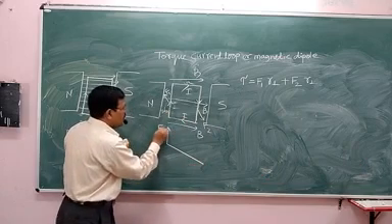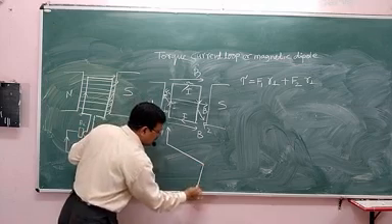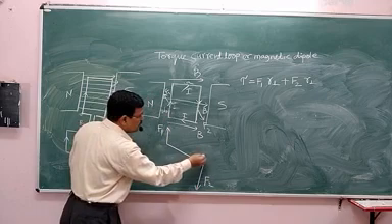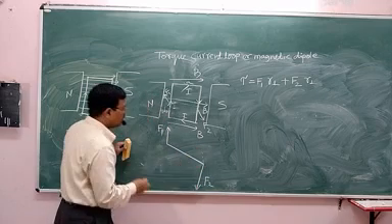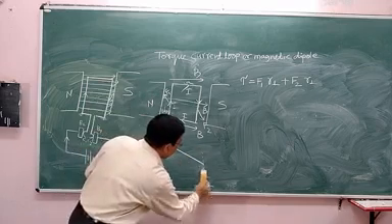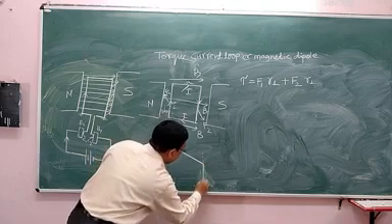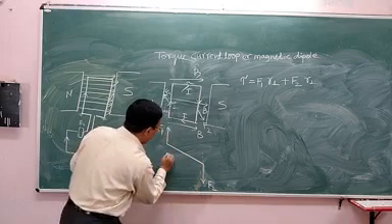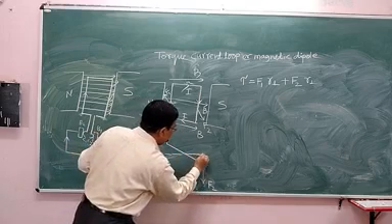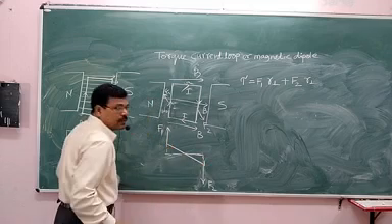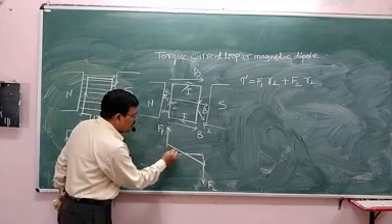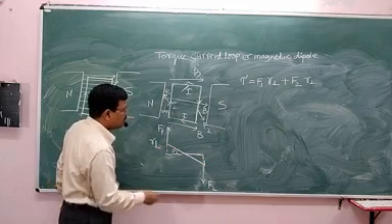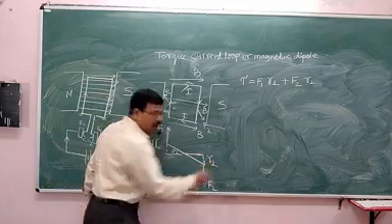This is F1, this is F2, and this angle is theta. This distance is called perpendicular distance, R perpendicular.